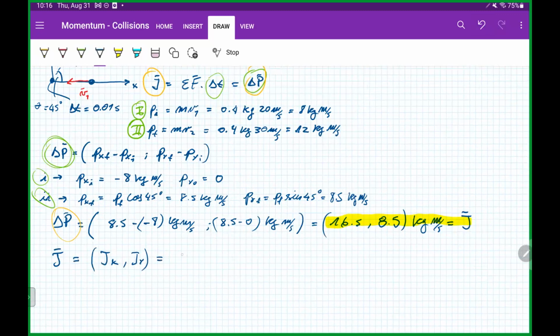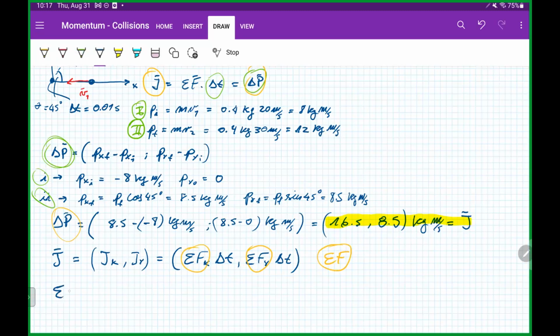So we know that that is equal to the net force in x multiplied by delta t, and the net force in y multiplied by delta t. Right? Because that's the actual definition of impulse. And so we're looking for the net force, so we want these components here in order to get the net force.